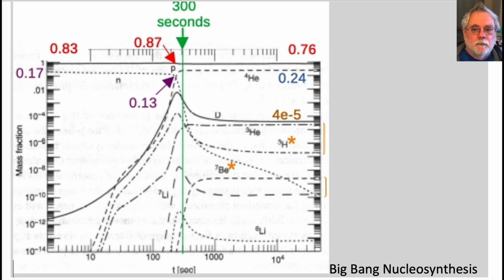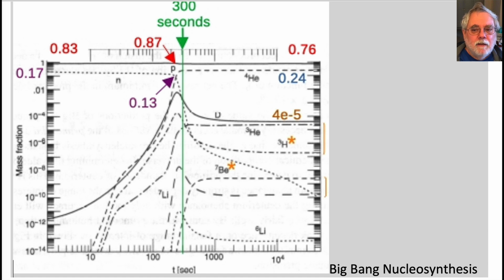It turns out that the predictions of Big Bang nucleosynthesis and the temperature and time of hydrogen plasma recombination that results in the cosmic microwave background are connected, and that both processes depend on the number of photons per baryon in the universe, 1.6 billion, because both processes depend on high-energy photons.